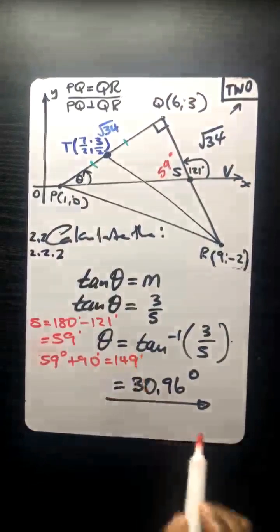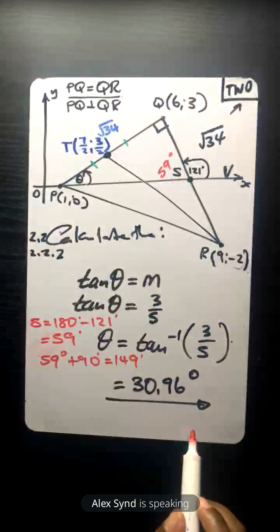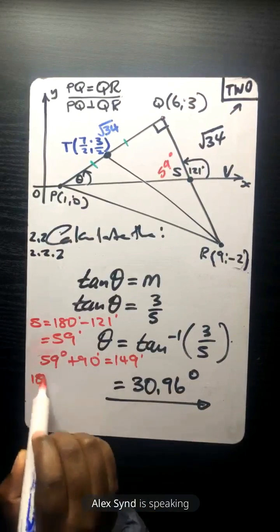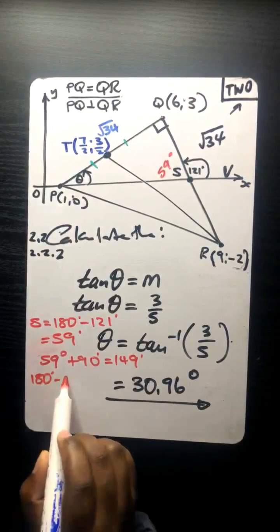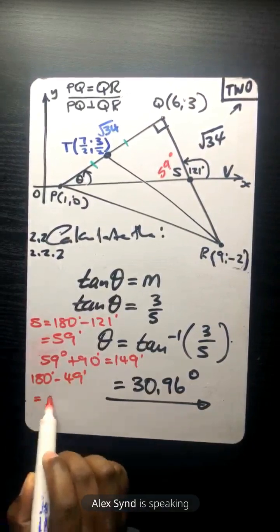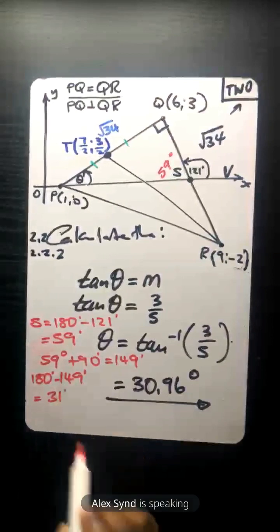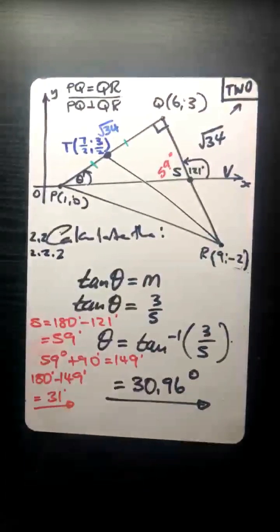And then we know that a triangle adds up to 180 degrees. So we say 180 minus 149, then we come up with 31 degrees.